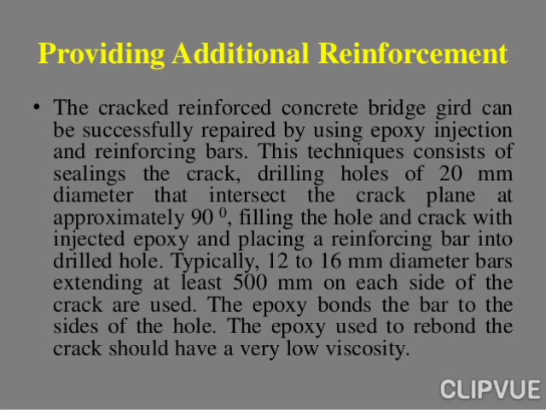Typically, 12 to 16 mm diameter bars extending at least 500 mm on each side of the crack are used. The epoxy bonds the bar to the sides of the hole. The epoxy used to rebond the crack should have a low viscosity.